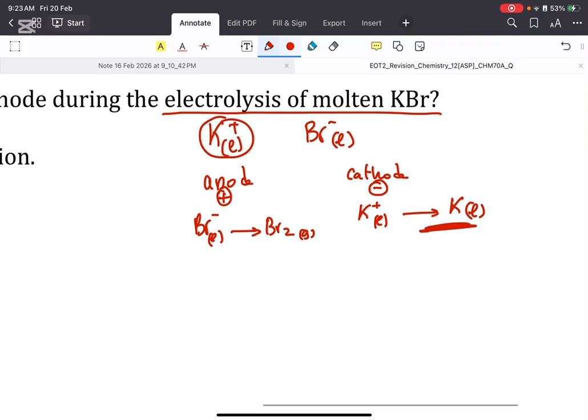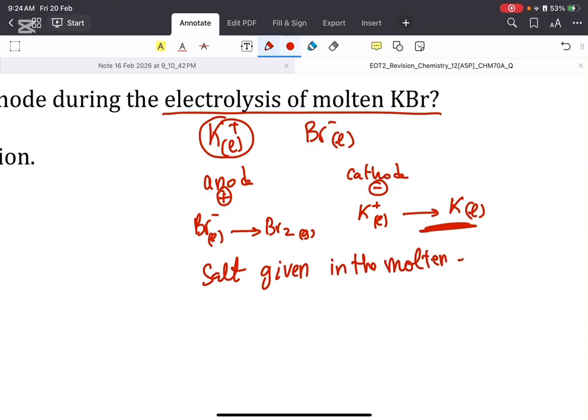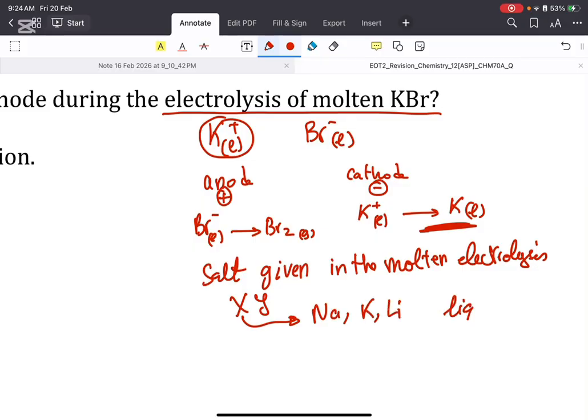Now the rule goes as follows. If the salt given in the molten electrolysis, so I'm just going to put XY. If X belongs to group 1, like if the metal here was sodium, potassium, or lithium, they are always obtained in the liquid state.